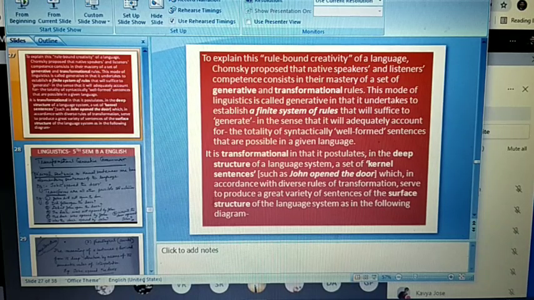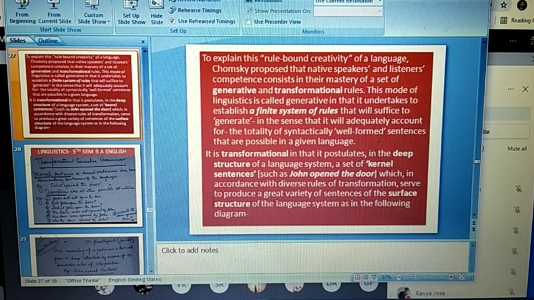This model of linguistics is called generative in that it undertakes to establish a finite system of rules that will suffice to generate, in the sense that it will adequately account for the totality of syntactically well-formed sentences that are possible in a given language.